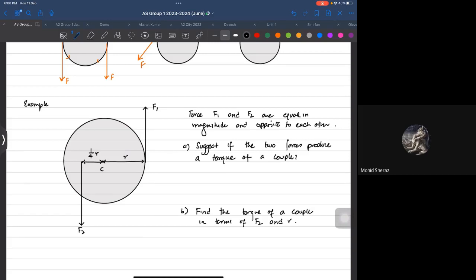Therefore, the moment or the torque produced will be different on each side, so it's not the same anticlockwise as clockwise. Okay. Who agrees with him? Who agrees that this is not a torque of a couple? Nobody? Everybody agrees?